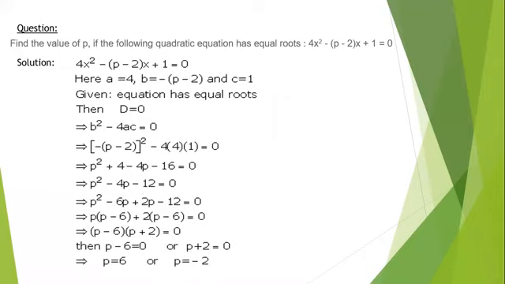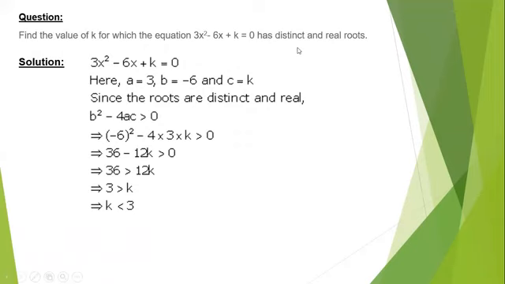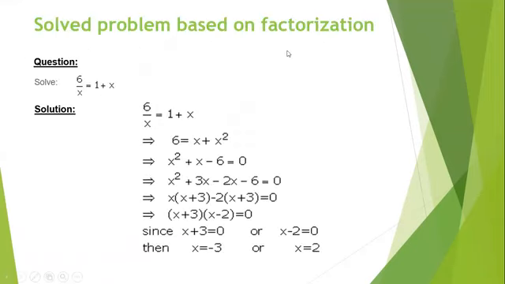This is also the same type of question where they are saying find the value of k for which the equation 3x square minus 6x plus k equal to 0 has distinct and real roots. Now distinct means different.